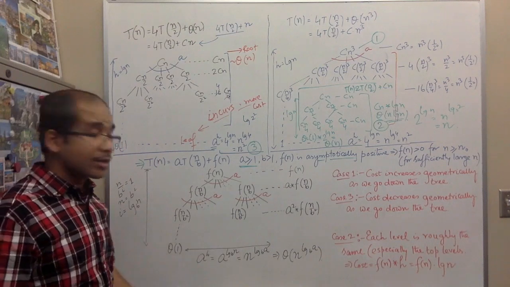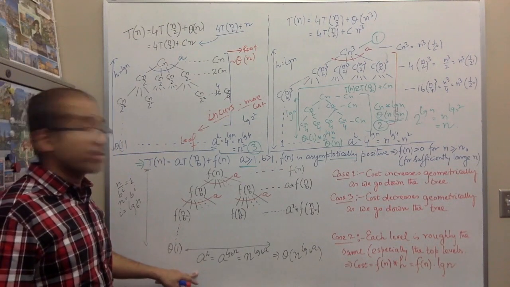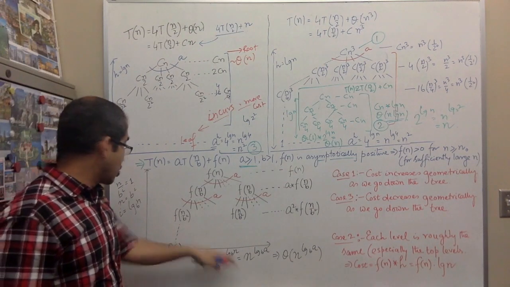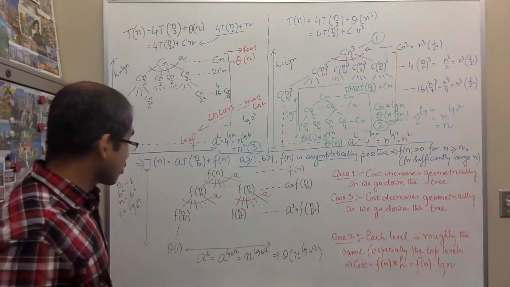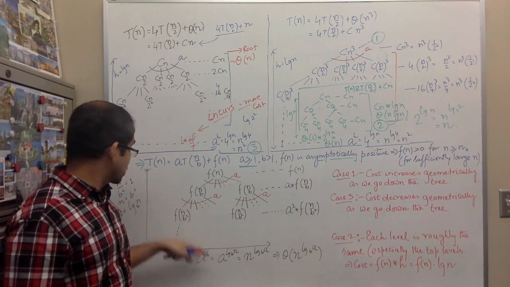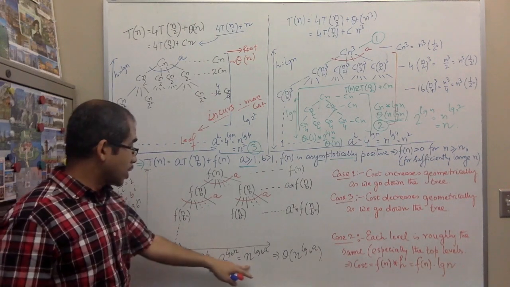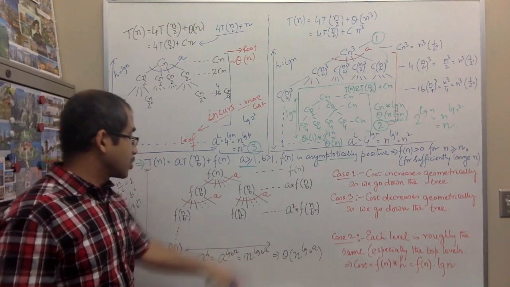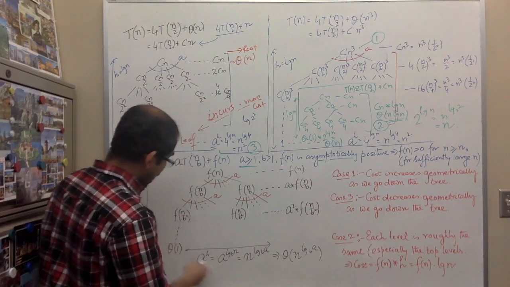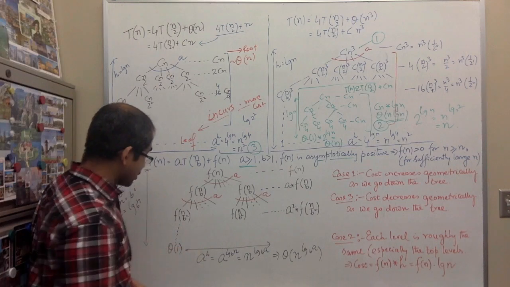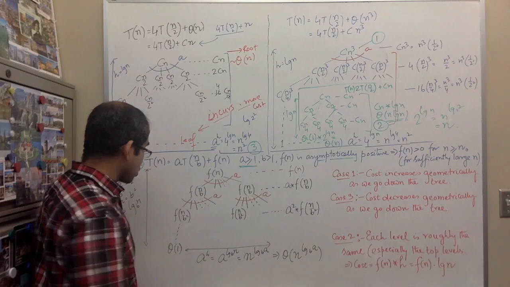How many leaves are there? a to the power h, a to the power of the height of the tree, a to the power log n to the base b, which by the base change of logarithm formula is n to the power log a to the base b. This is the number of leaf nodes, and each takes theta of 1.